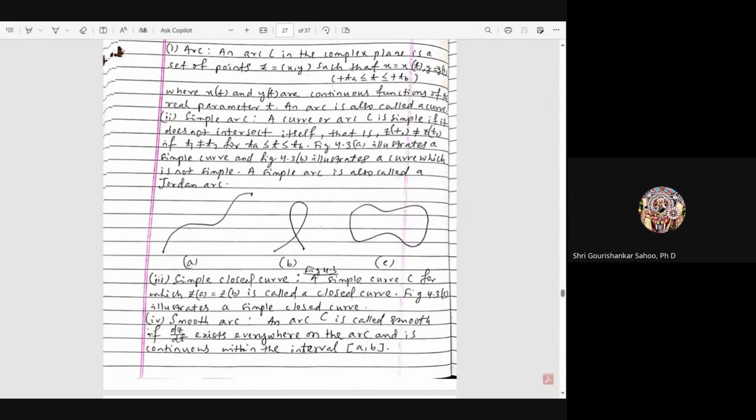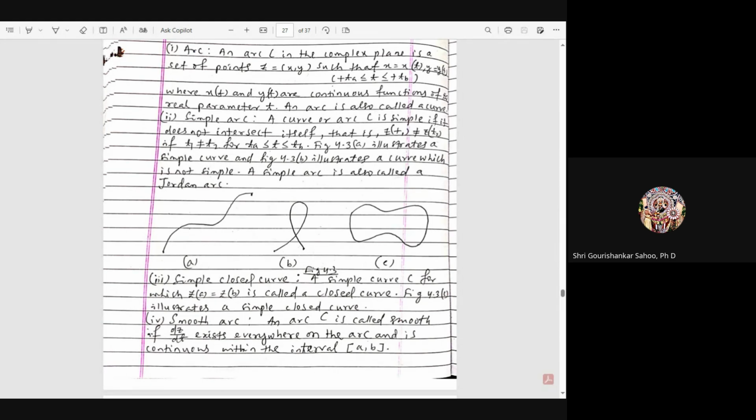In a complex integration or complex variable course, an arc C in the complex plane is a set of points z = (x, y) such that x is equal to x(t) and y is equal to y(t), and ta is smaller or equal to t is smaller or equal to tb, where x and y are continuous functions of the real parameter t.